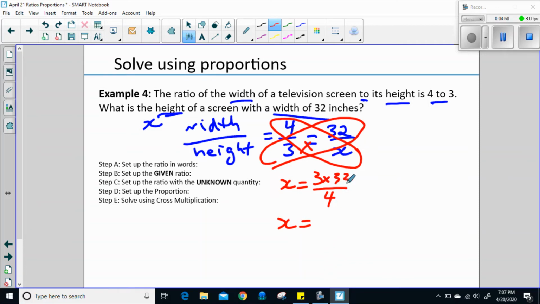Well, 4 goes into 32 8 times, and 8 times 3 gives me 24. So in this scenario, the height is 24 inches. Don't forget your units, please, people.